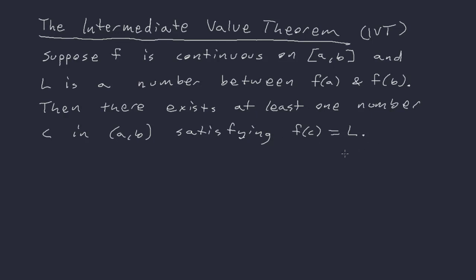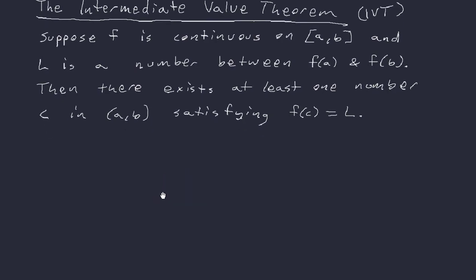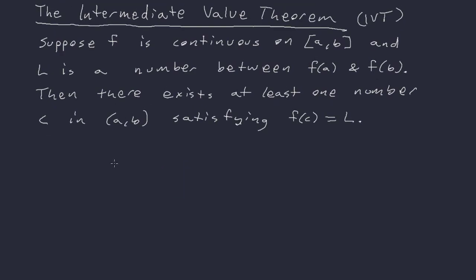c equals L. So let me demonstrate what this is talking about here. So let's say I have this graph here, okay, and I know the function is continuous, and let's say here's A, and this is B. Okay, so f of A is here, and f of B is here.